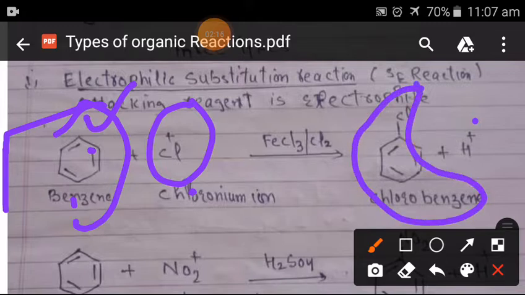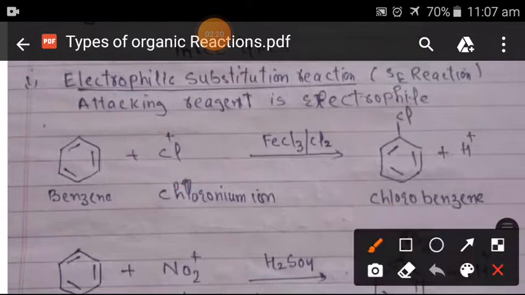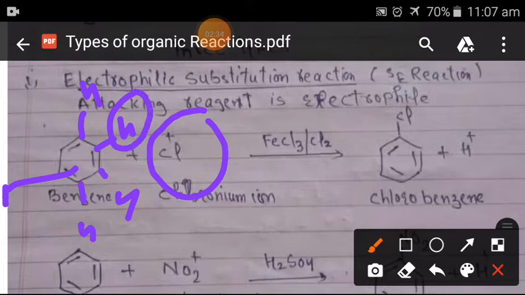Clear? But you must see that in benzene there is a hydrogen present on each carbon atom, so the electrophile chlorinium ion will replace this hydrogen. That is why it is called a substitution reaction.